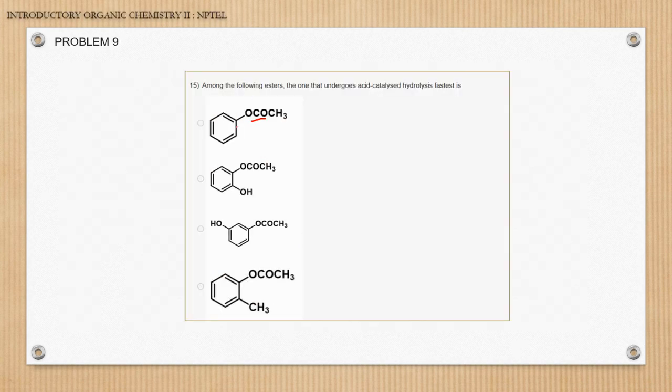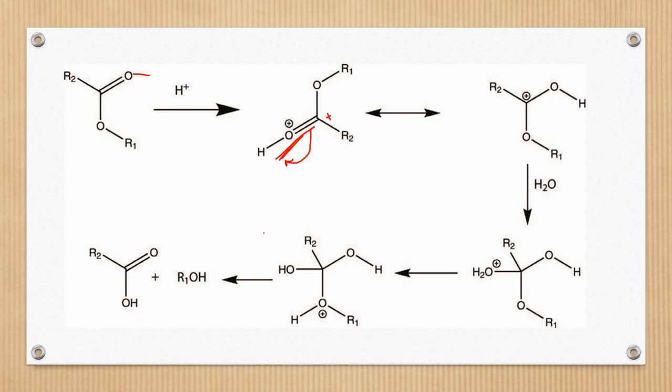So the mechanism of this acid hydrolysis is this, basically. The acid first of all protonates the carbonyl group, then the carbon gets a positive charge after the resonance, and then the attack of water takes place.